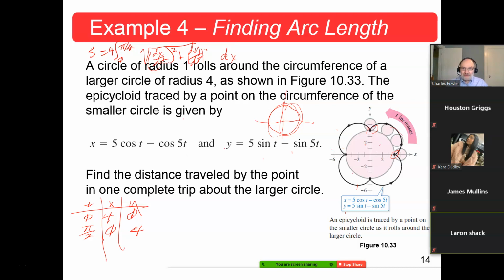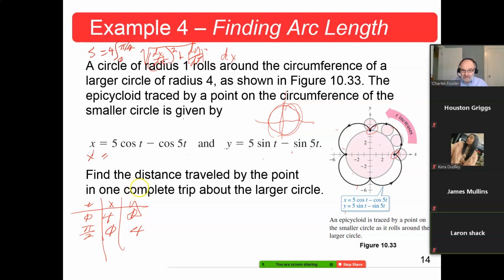All right. So our arc length then is going to be 4 times the integral from 0 to pi halves, those are the limits on t. So what we've got to do now is get what the dx dt is. Let's just call this x prime, if that's okay. That saves me having to write dx dt.